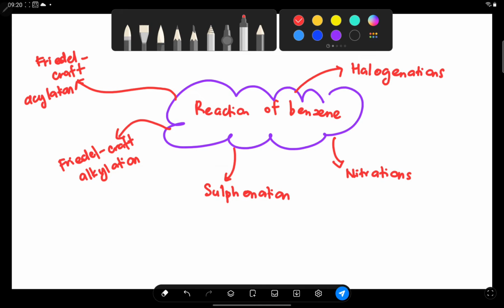Okay, so let's take a look at what a halogenation reaction is.